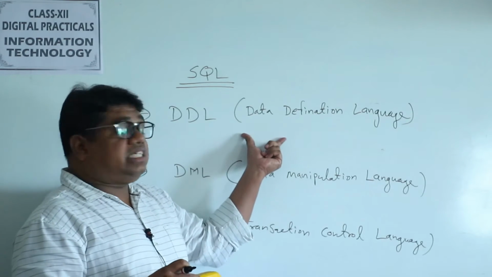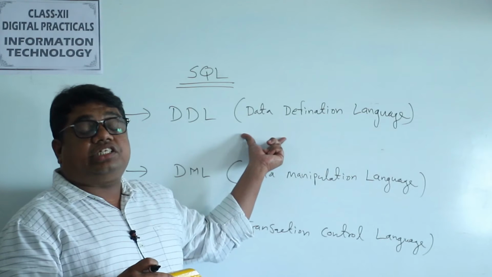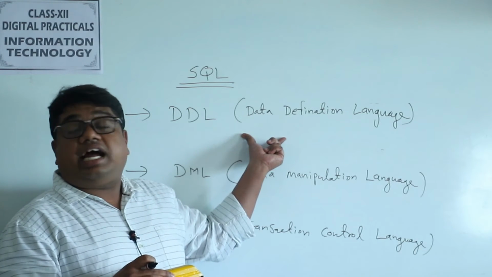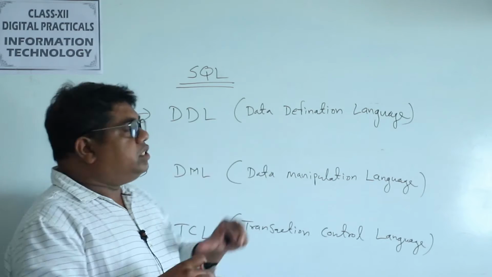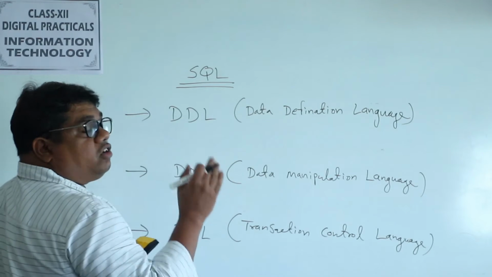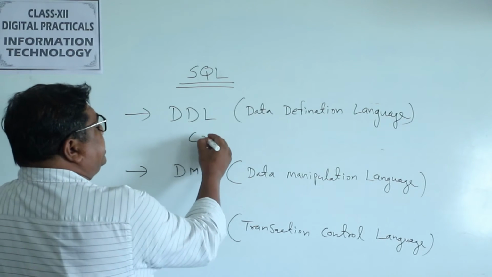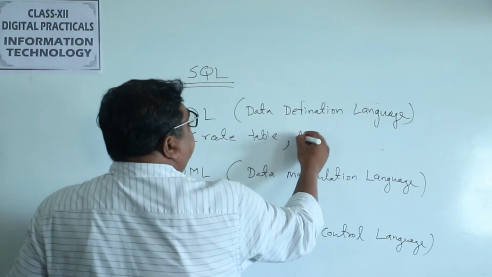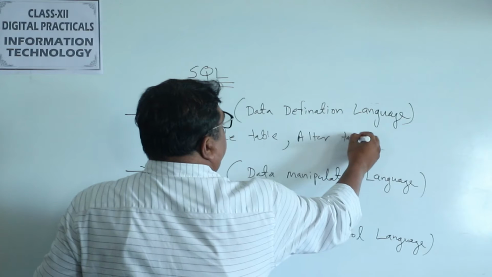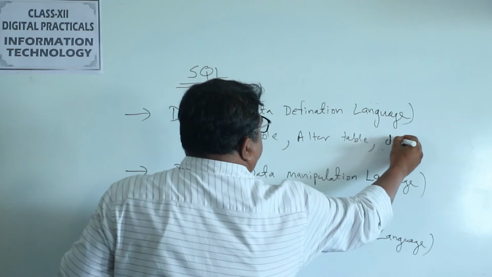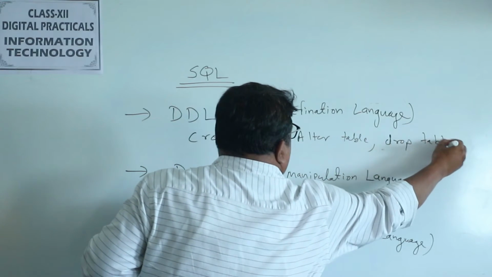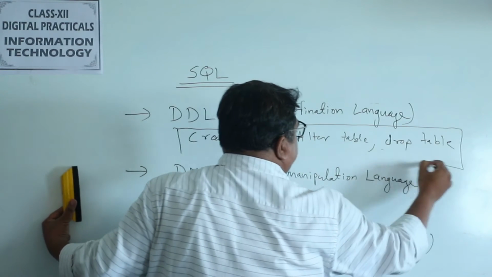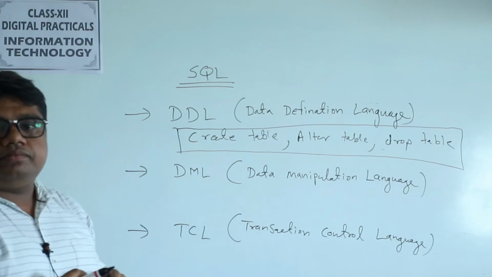It is used to create a table, alter a table, or drop a table. So the commands associated with DDL are create table, alter table, and drop table.